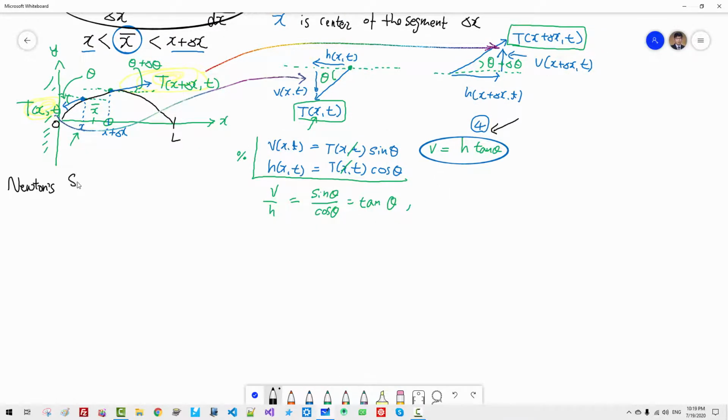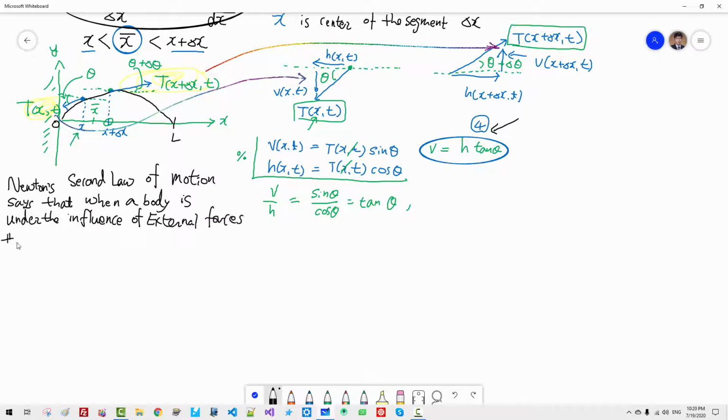Newton's second law of motion says that when a body is under the influence of external forces, the body experiences motion. So this is our segment of this string, between (x, t) and (x plus delta x, t).